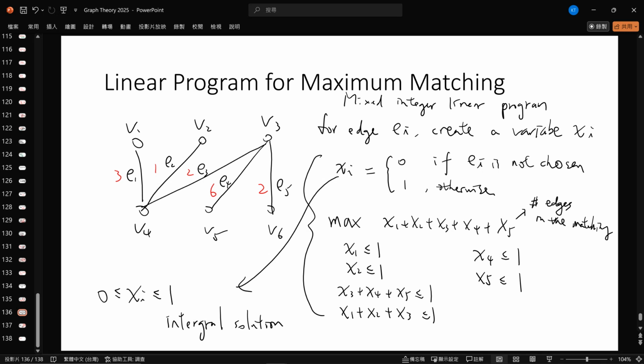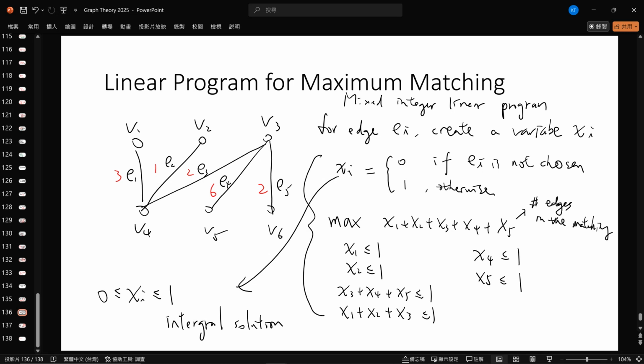That is, we try to formulate the maximum weighted matching problem using a mixed integer linear program. Again, the first step is always to define the variables. Because in the maximum weighted matching problem, we have to decide for every edge whether we should choose it in our matching or not.